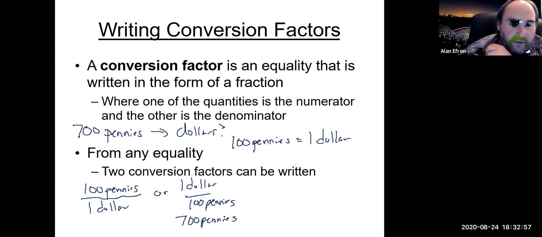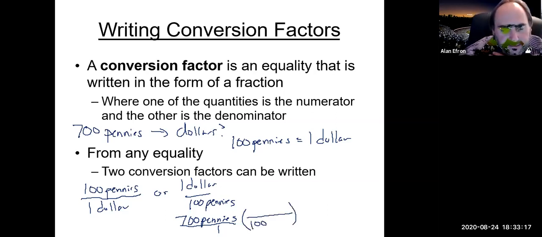And although this is not really written as a fraction, it is like a fraction, like this is over 1. And what's important is the pennies in terms of those units are up on top. And when we do conversion problems, to get rid of units, they need to go in the opposite location. So on the bottom would go 100 pennies, so they cancel. Up on top would go $1.